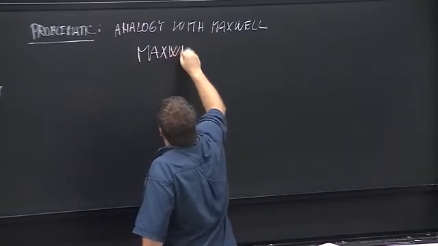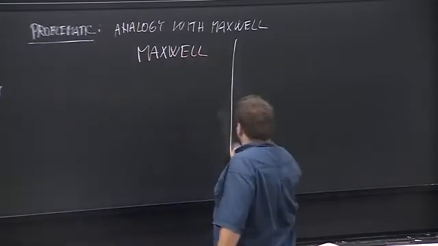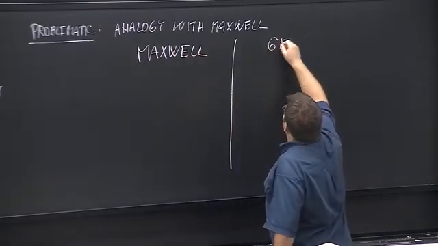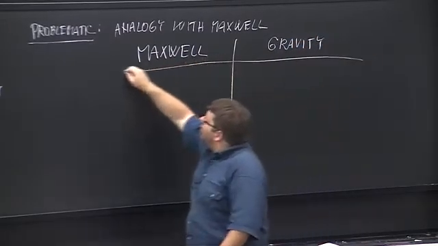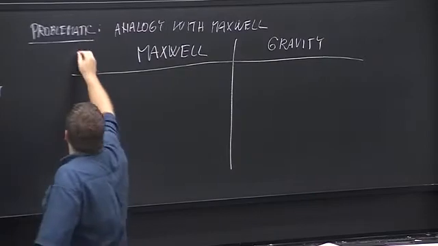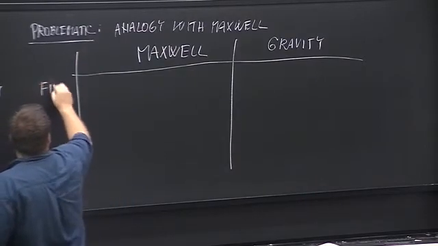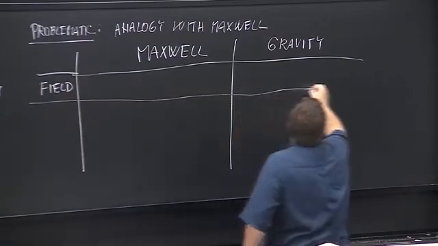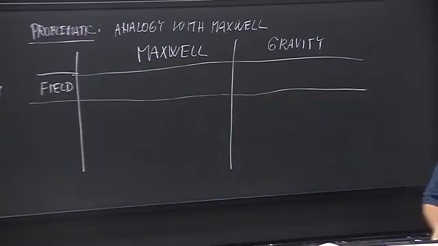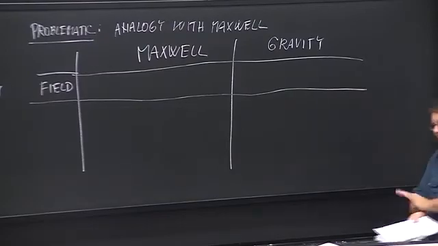In one column I will have the Maxwell field, and in the other one I will have gravity. Okay, and so you already understand that we have some fields here. The fundamental field for Maxwell is the four-vector potential A mu.